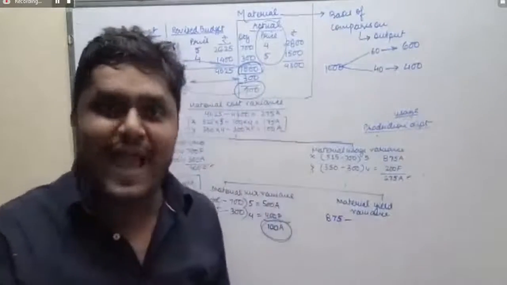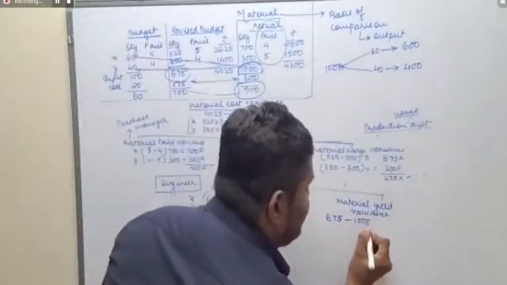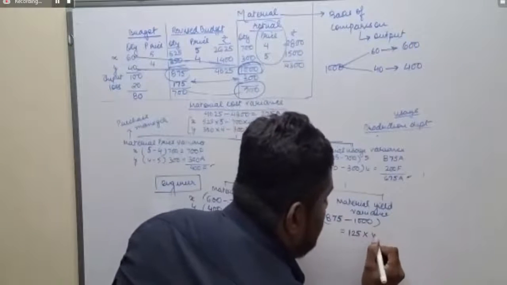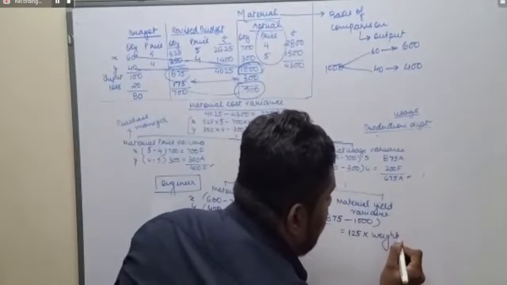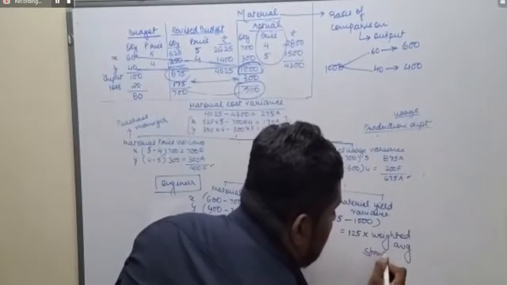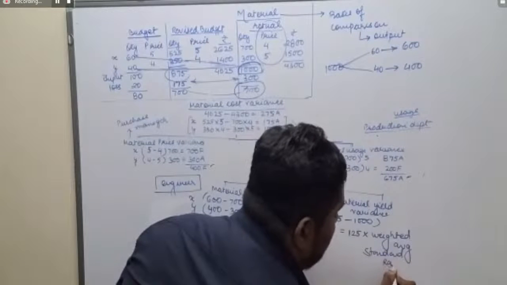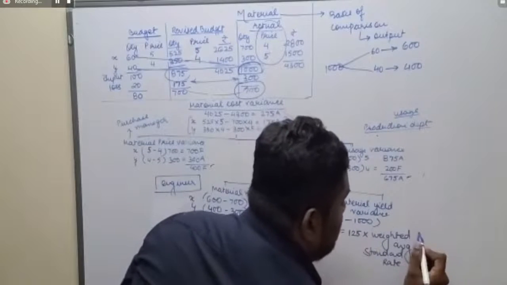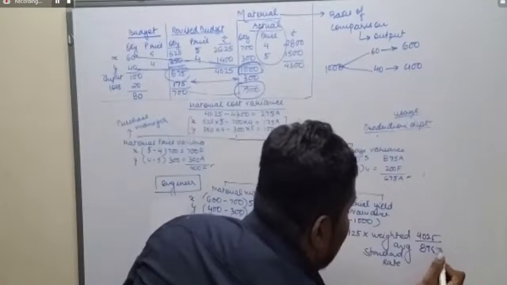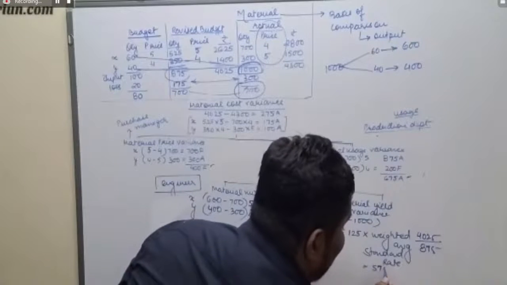And how much did we actually use? 1000 kgs. That is 125 kgs extra into the weighted average standard rate. That is how much? 4025 divided by 875. So this is how we got 575 adverse.